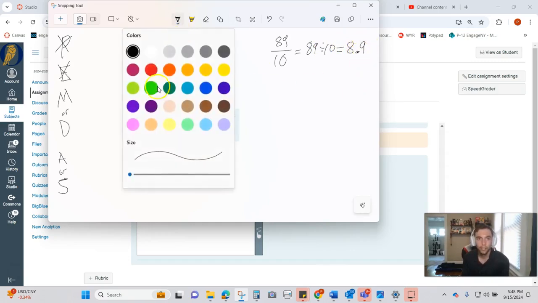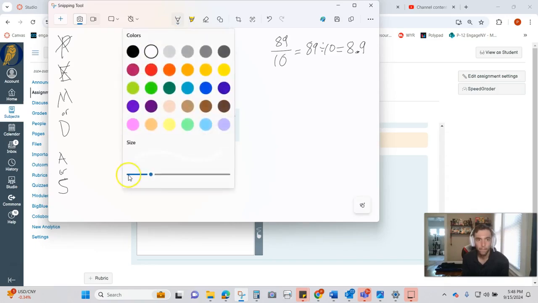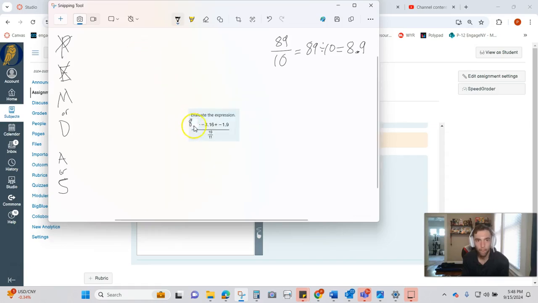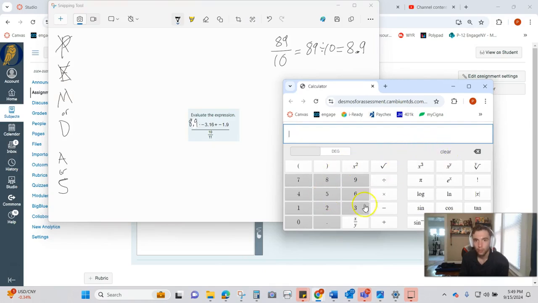So instead of 89 tenths, we should have right here 8.9. So we have 8.9 times negative 3.16. 8.9 times negative 3.16 is negative 28.124.